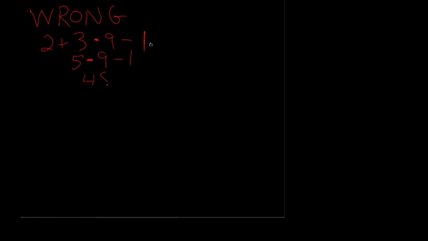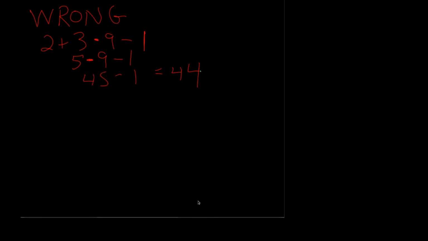I'm going to write this in bright red because this is going to be wrong. 2 plus 3 times 9 minus 1. Well, if I were just reading this from left to right, I'd go 2 plus 3 is 5. And 5 times 9 is 45. Minus 1 equals 44.